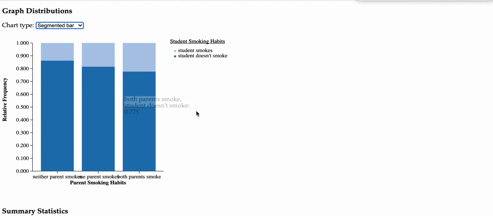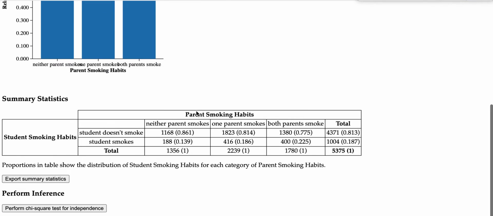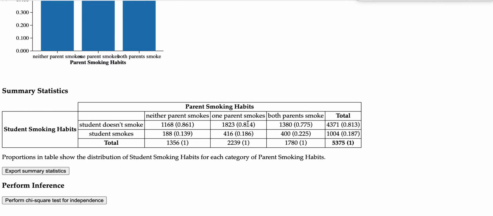And a lot of you talked about how the bars looked relatively similar, and that's why you said that there was no association and there's independence. In this particular case, I would not go along with that. When I bring it back to percentages, you would want these percentages to be really, really close. So this one's 86% and this one's 77.5%. That's a pretty big difference.